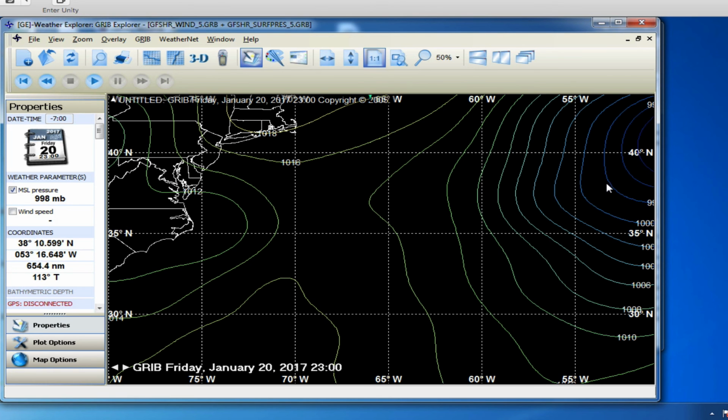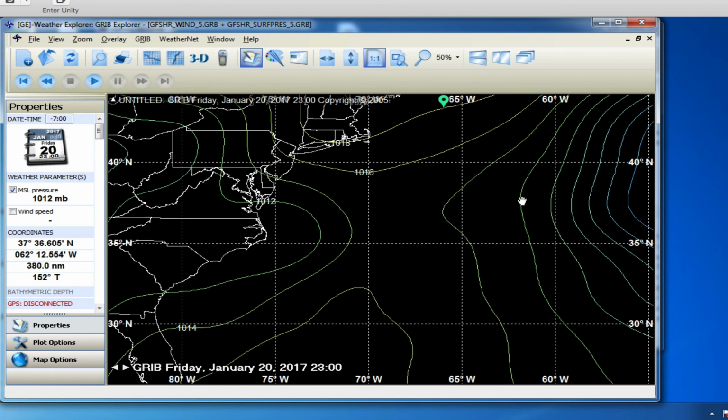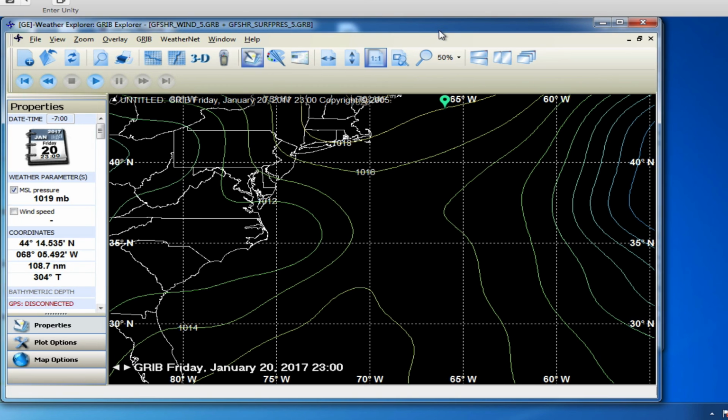That's my point. In the Buys Ballot law, grab the low one with your left hand, the high one with your right hand. Right hand on the high isobar, left hand on the low isobar, and you are facing the direction the wind is flowing toward. Okay, that's the end of that Buys Ballot exercise.